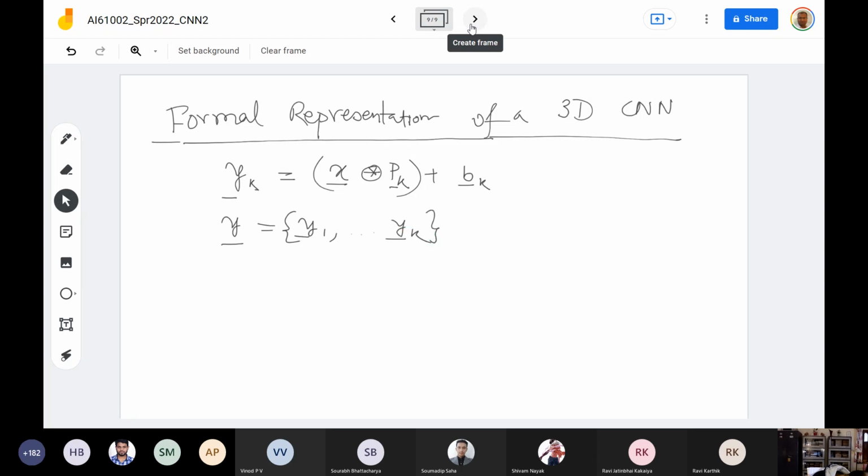Now here your X being a three-dimensional tensor, this belongs to C cross D cross M cross N. C is the number of channels in that three-dimensional tensor. Okay. Now you will have each Pk, which belongs to R to the power of similarly C cross small d cross H cross W.